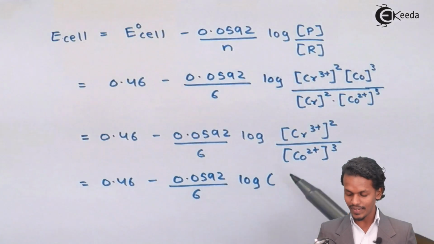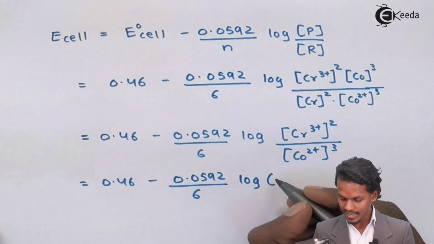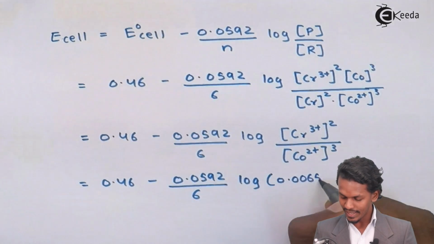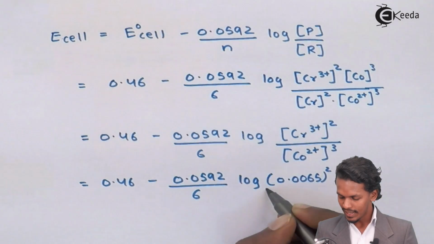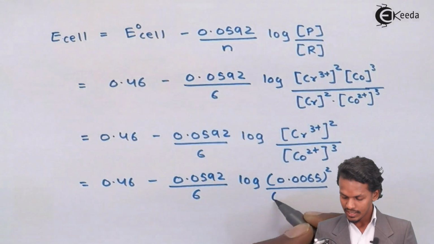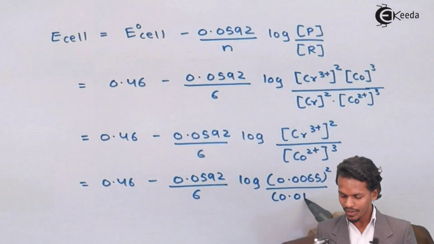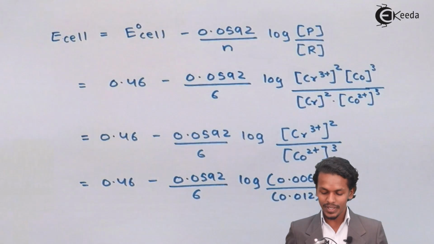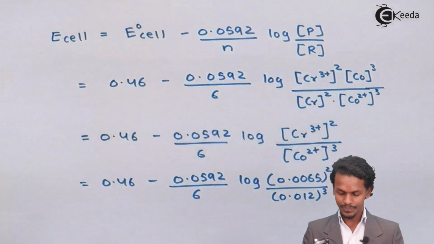So I could substitute the value of Cr3 plus as 0.0065 raised to 2 divided by 0.012 raised to 3. Now let's see what value we get.